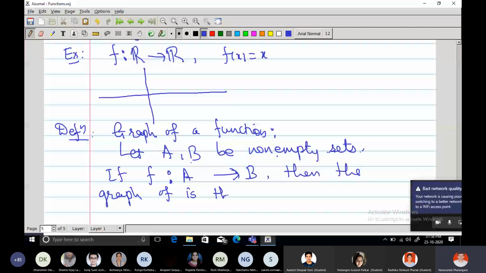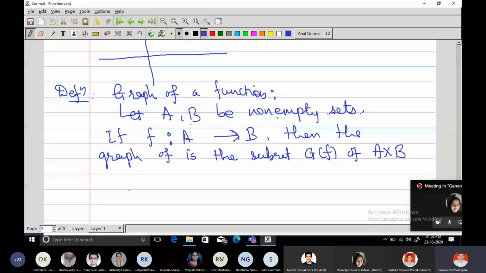What can I say about the graph? Graph is a subset of A cross B given by pairs (x, y) such that y is equal to f(x). Do you understand?